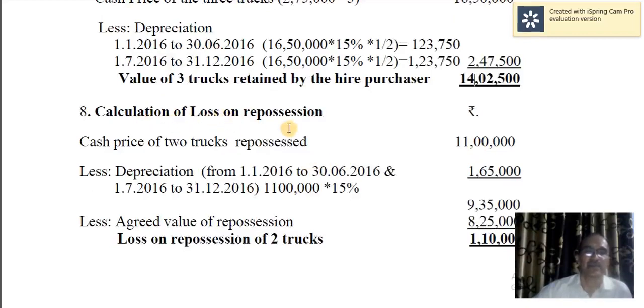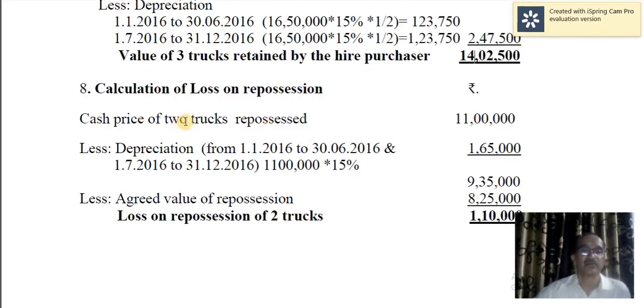Okay, now let us calculate the loss on repossession. So 2 trucks were repossessed, 11,000. So depreciation at normal rate, so totally for 1 year, at the rate of 15%, so 1,65,000. So the remaining value is 9,35,000 after deducting depreciation.